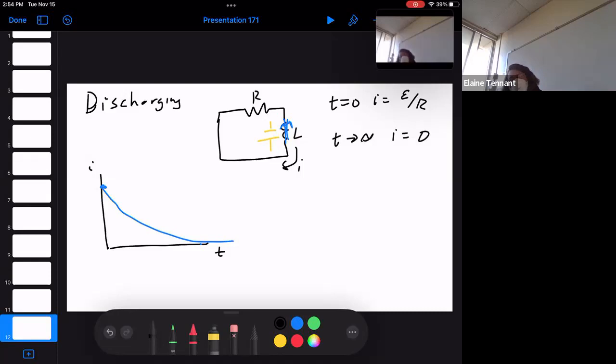No, but you're in the right ballpark. It's not negative, right? It's positive. Instead of 1 minus e, it's just e, where this is just the decaying exponential.